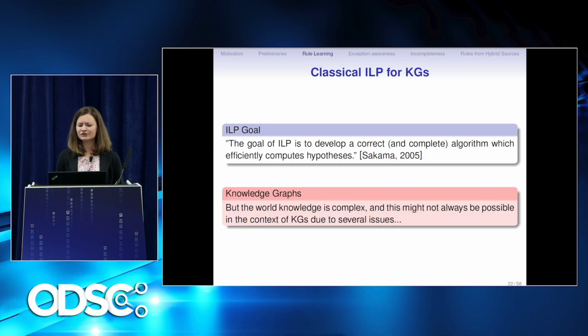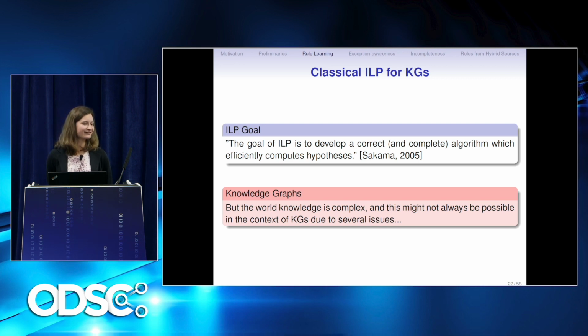Right. So now one would be asking, can we use these old-fashioned 90s techniques in the context of knowledge graphs, which are extracted from text? There is a statement: the goal of inductive logic programming is to develop a correct and complete algorithm which efficiently computes hypotheses. But actually, the real world is very complex and pretty noisy.